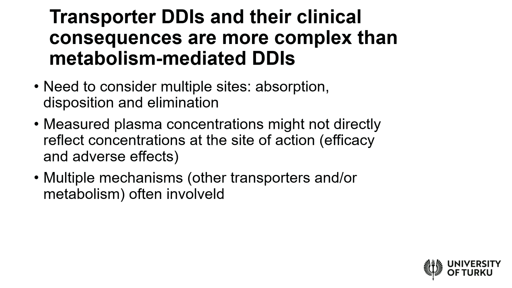And as we have seen, there are usually multiple mechanisms involved, other transporters or metabolism, so it's not easy to pinpoint the exact mechanisms. Also, as we have heard, there are not very good substrates and inhibitors that would be very selective.